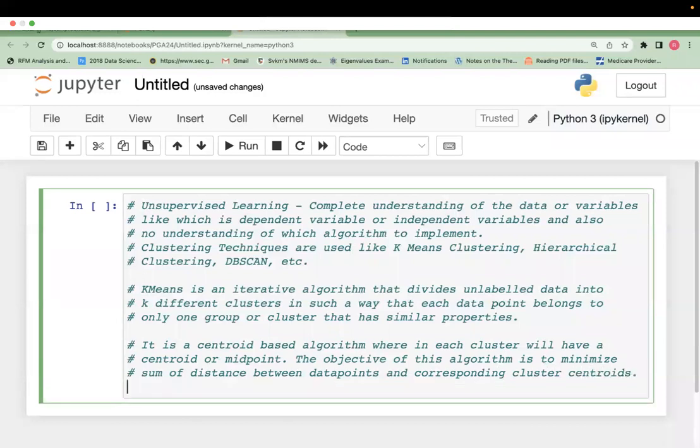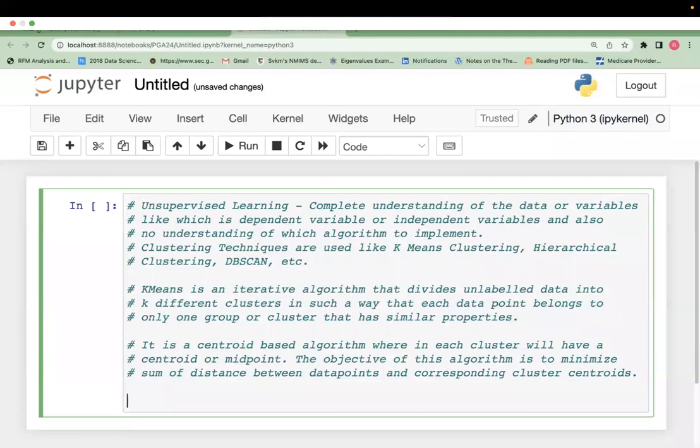The loss function is to minimize the sum distance between the centroid and the observations.